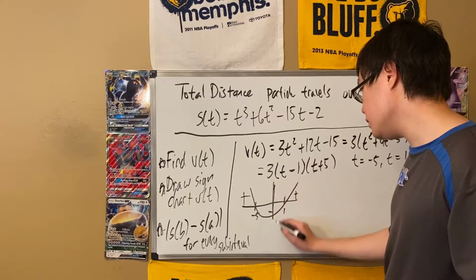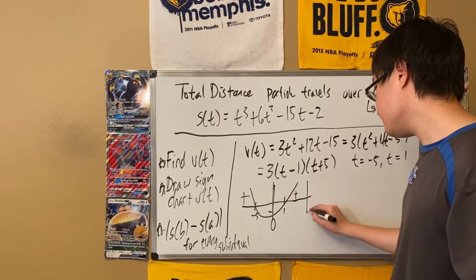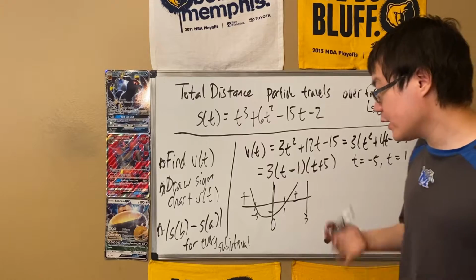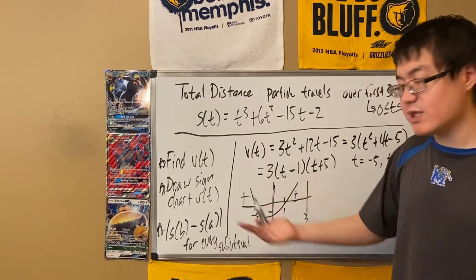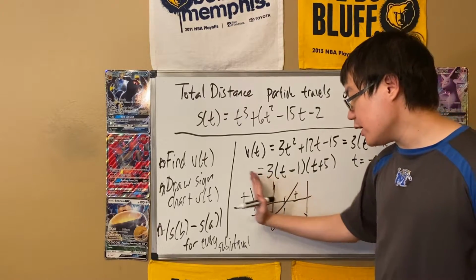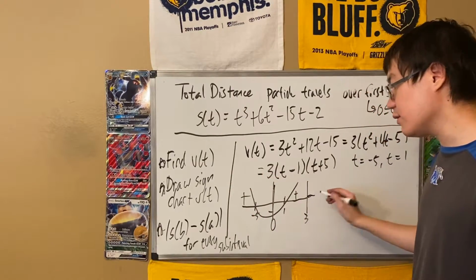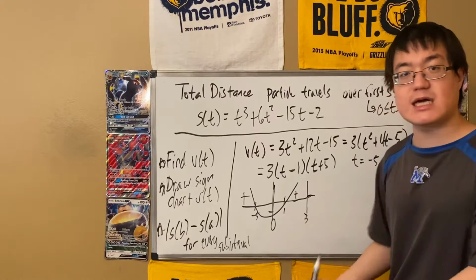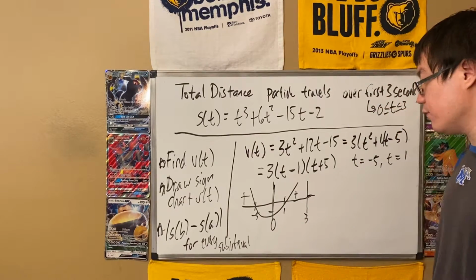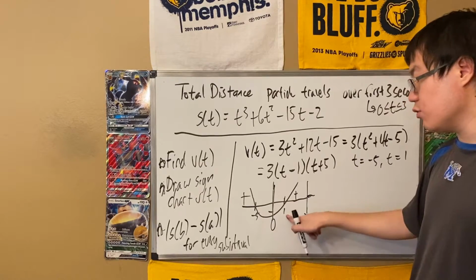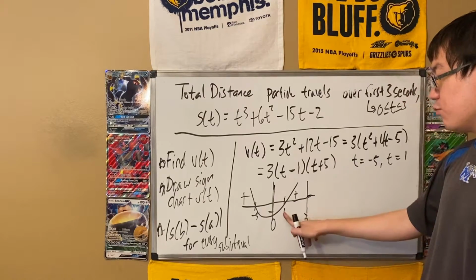So 0 is about right here, 3 is about right here. So again, we only care about the interval from 0 to 3. While we drew this nice pretty sign chart, we're not going to look at anything past 0 or anything past 3. We're only going to look at the sign chart within 0 to 3. So in this case, there are two intervals. We have the interval from 0 to 1, and then we have the interval from 1 to 3.